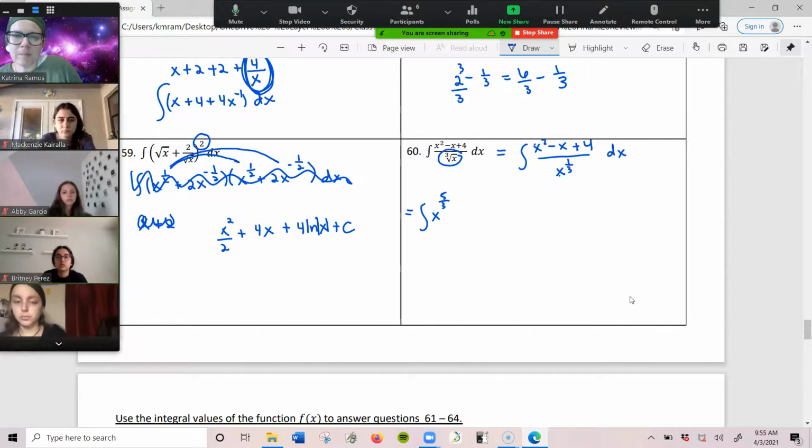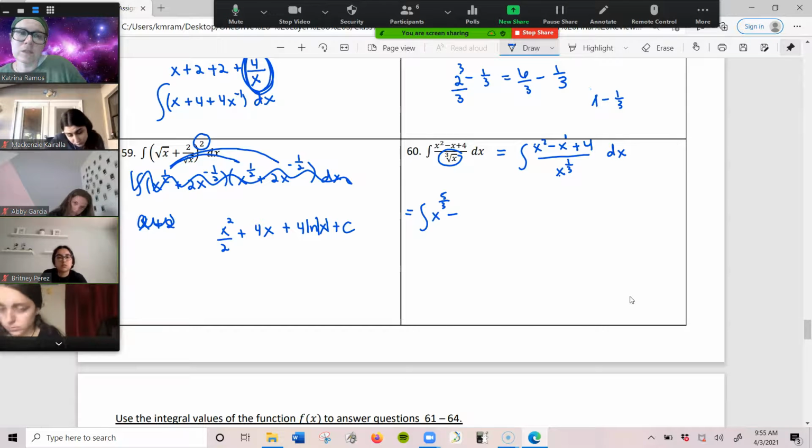Okay, now minus. Now we have x over x to the 1/3. So here my exponent is 1, so I'm going to subtract 1 minus 1/3. So this was 3 over 3 minus 1/3 is 2/3. So this is x to the 2/3. And then this is 4 over x to the 1/3, which we don't have to divide anything.